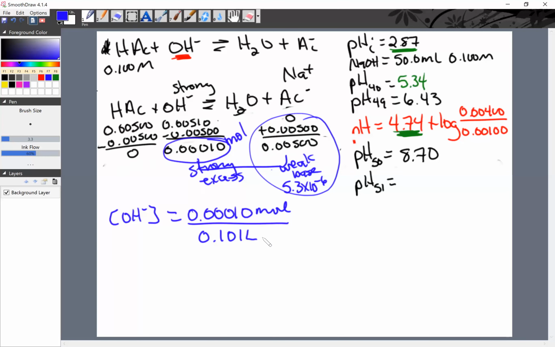So I have 101 milliliters right now. And then somebody plug and chug. What is that new molarity? It's 9.9 times 10 to the negative 6. Excellent. Thank you. Confirm. 9.9.